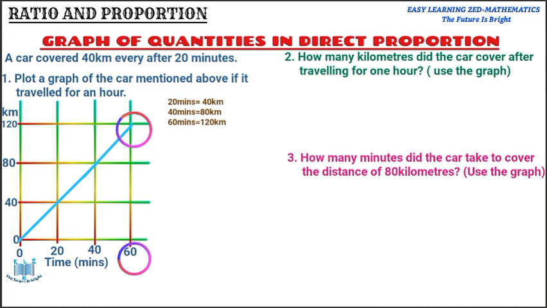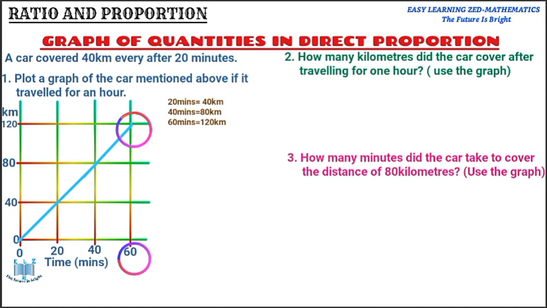That's where they meet. Now, when they meet there, which number is this line, which is for 60 minutes, meeting on the other line for kilometers? You see that the 60 minute line is meeting the line at that point where the light blue line is meeting with the 60 minute line. It's meeting also a 120 kilometer line.